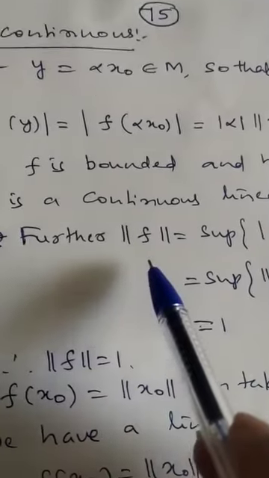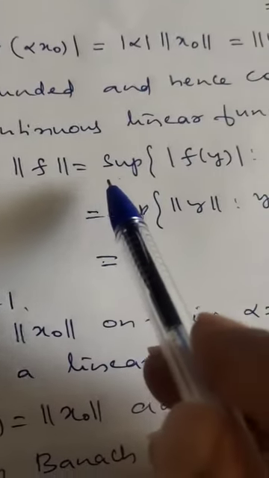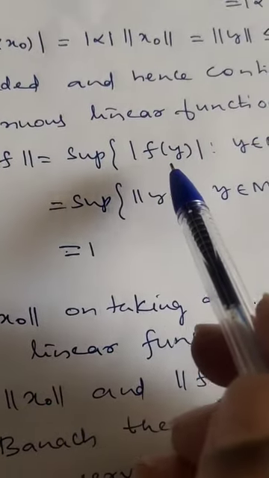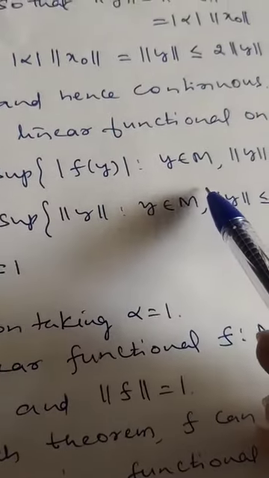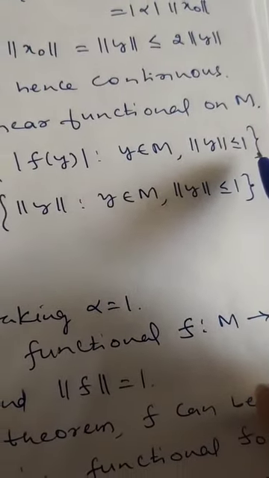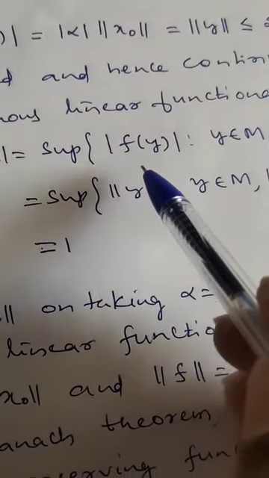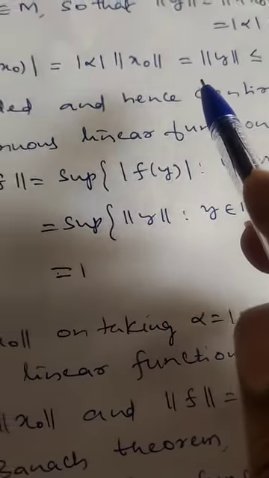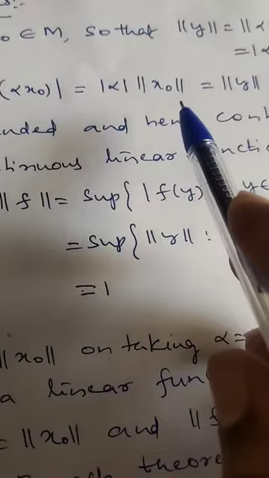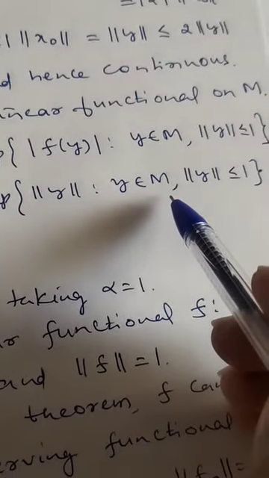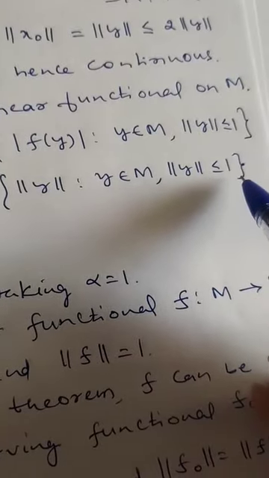Further, what will happen? Norm of f, by definition of a norm, is the supremum of mod of f of y, where y belongs to M, norm of y is less than or equal to 1. This is by definition. This is equal to the supremum of mod of f of y, which we have shown in the above steps is norm of y, such that y belongs to M, norm of y is less than or equal to 1.